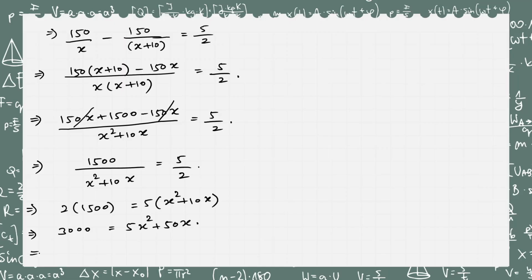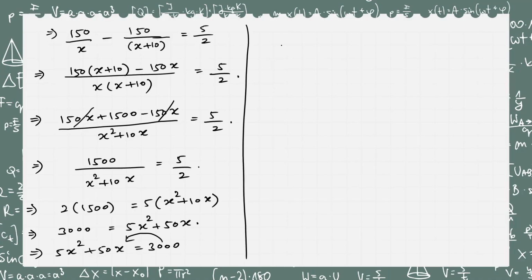Okay, let us swap the sides. 5x square plus 50x equal to 3000. Taking this 3000 to the left side, we have 5x square plus 50x minus 3000 equal to 0. Now we can divide entirely by 5, right?